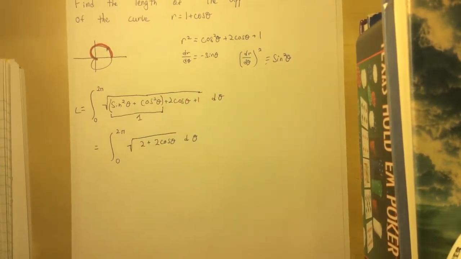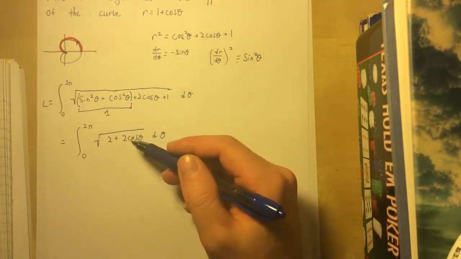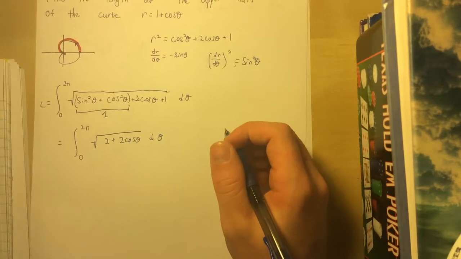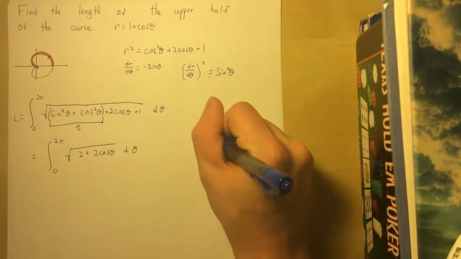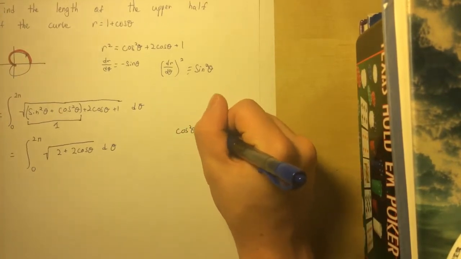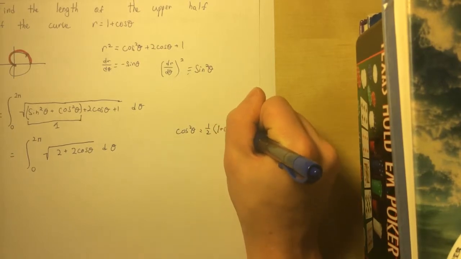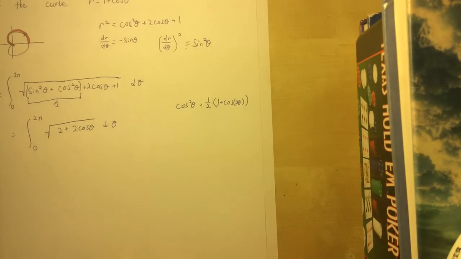And now that's not really something that you guys could integrate without using trig identities. And notice that cosine squared theta is equal to 1/2 times 1 plus cosine 2 theta. It's a double angle formula.